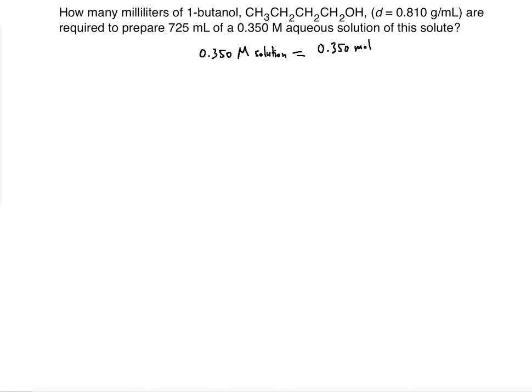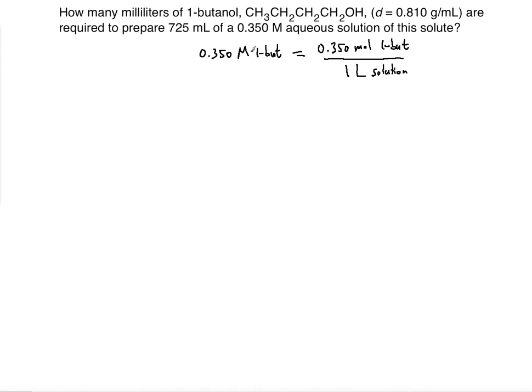And I should probably write molarity of 1-butanol, because that's what molarity is. So I'm going to write 1-butanol, the solid. So this means that you have 0.350 moles of 1-butanol over 1 liter of the solution. That's what M stands for, right?